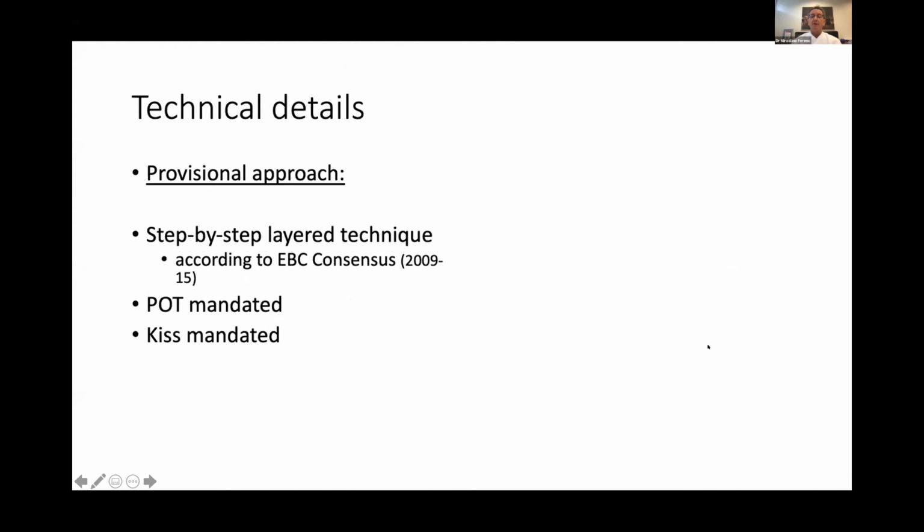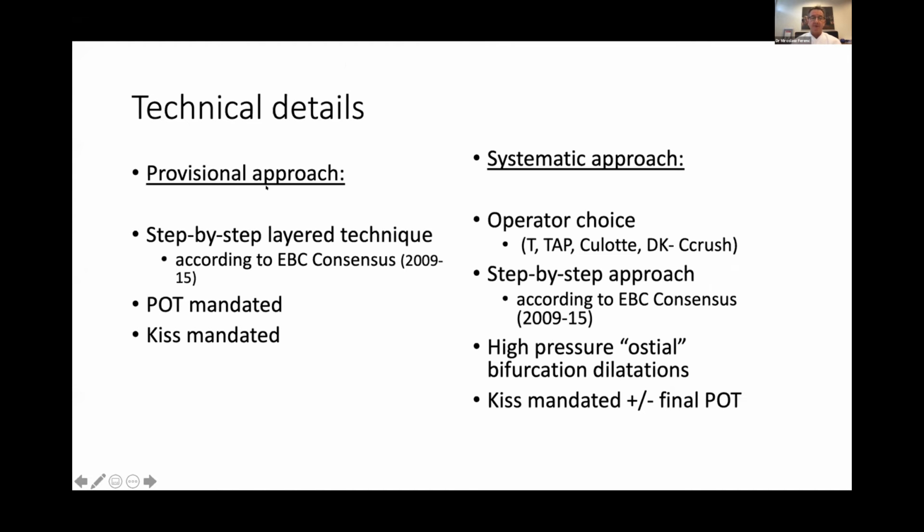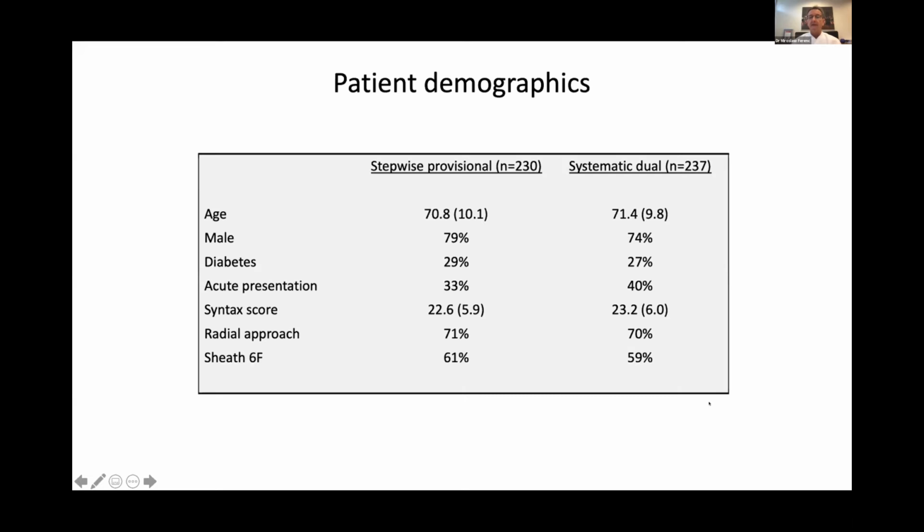The technical approach was a simple, step-by-step provisional approach, with POT and kissing mandated. For systematic double stenting, the choice of approach was left to the operator, so most could use TAP, culotte, or DK crush. Of course, kissing and final POT were mandated.